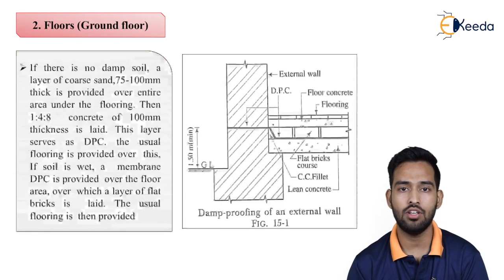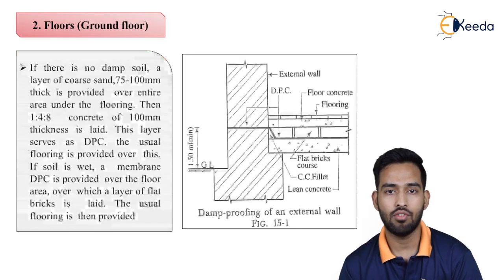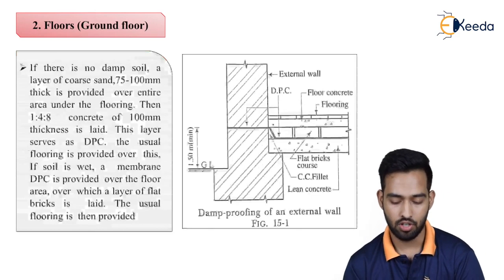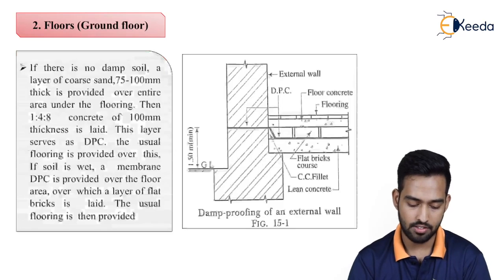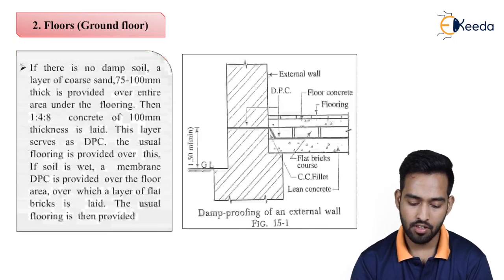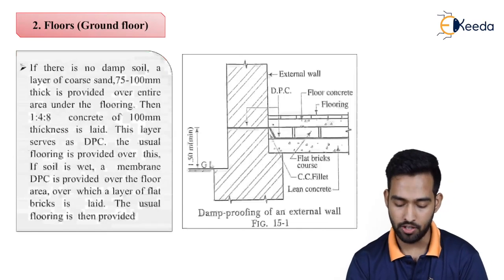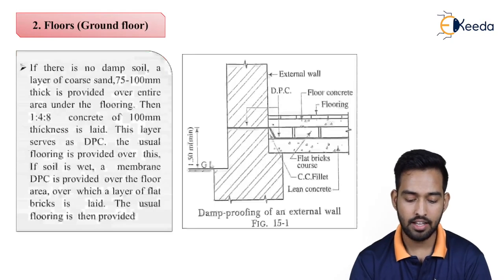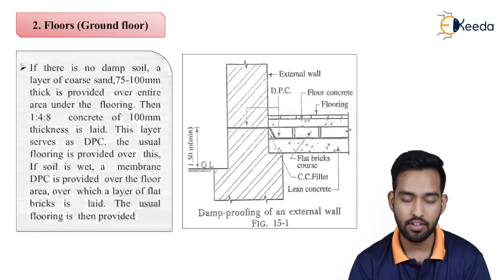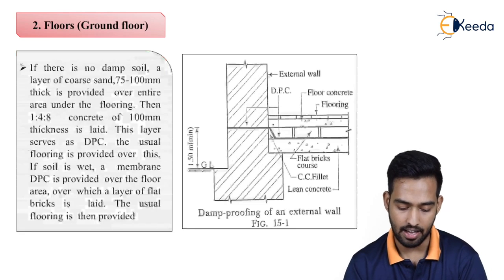Then let us discuss floors. Generally on the ground floor only we provide DPC, because the water will rise in the walls from the ground floor only. So over here, as you can see, if there is no damp soil, a layer of coarse sand, 75 to 100 mm thick, is provided over the entire area under the flooring.